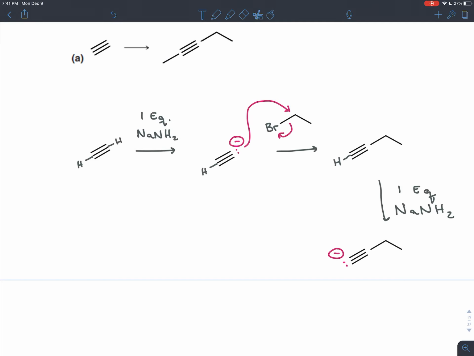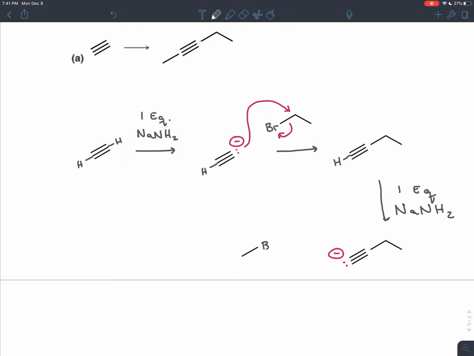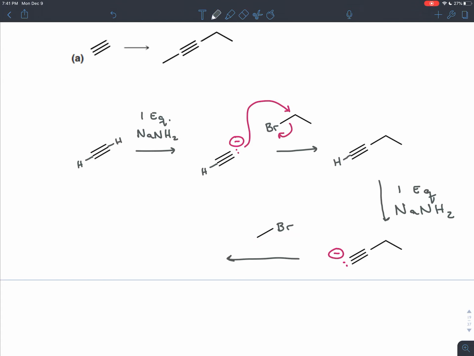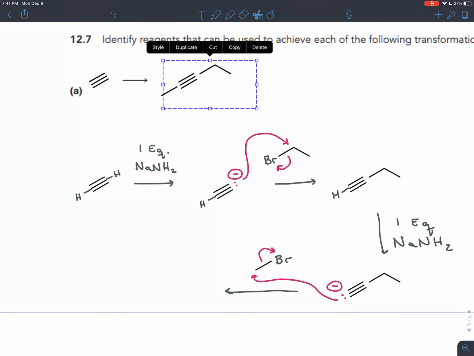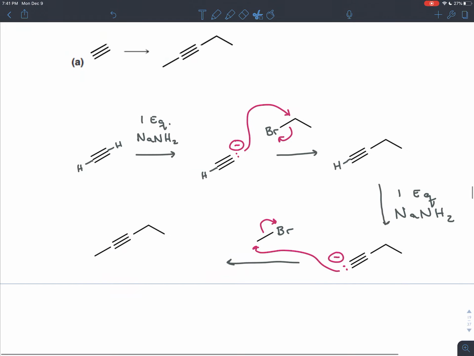There's only one carbon we want to add. So we can take that one carbon, and where it's attached to the triple bond, we could have a halogen or a leaving group. So if we add that, our carbon nucleophile will attack this carbon, kick the leaving group off, and replace it. So the nucleophile replaces the leaving group, and we end up with our product.